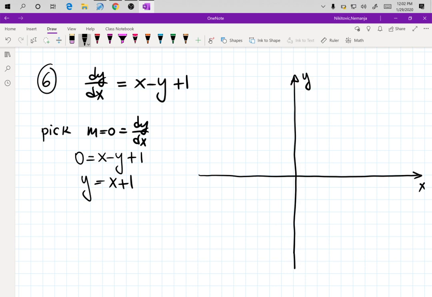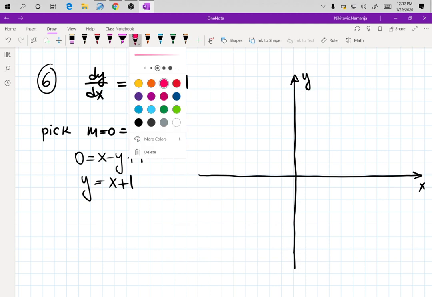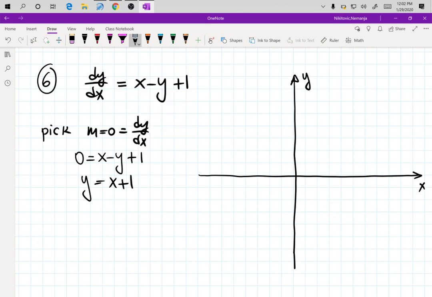So I'm going to pick a gray pencil for this. And I'm going to go to my plus 1 and draw a dashed line like this.